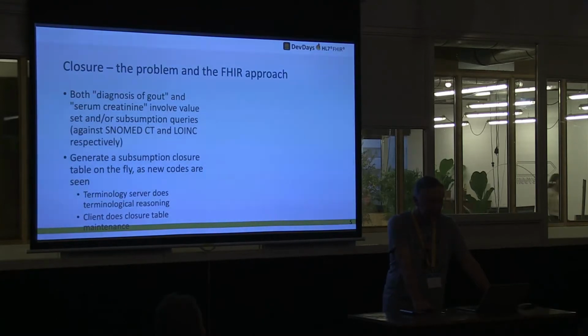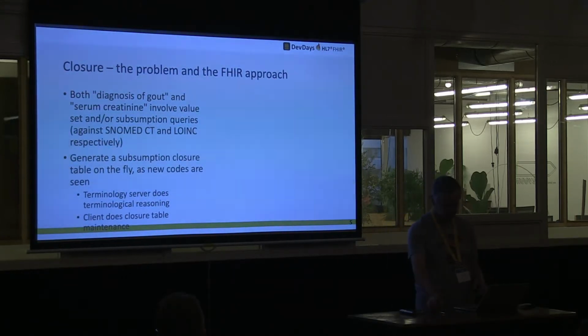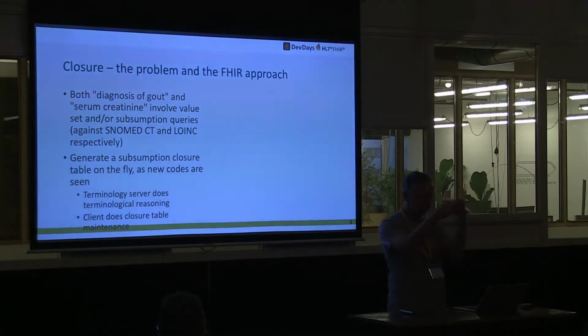Basically, we traverse the hierarchy of relationships and follow all the paths from a particular point to another point. We're trying to find all the paths that are possible to traverse, and that's what a full transitive closure table does. We can maybe show it in the SNOMED browser in a bit.